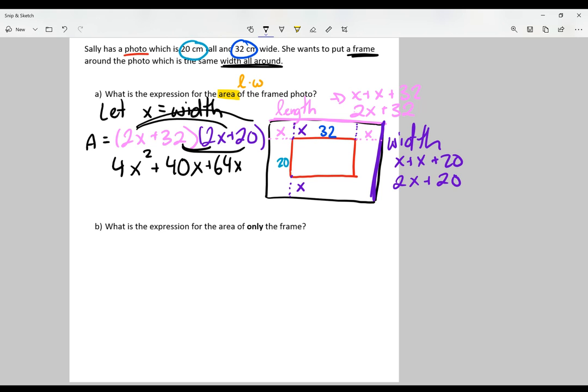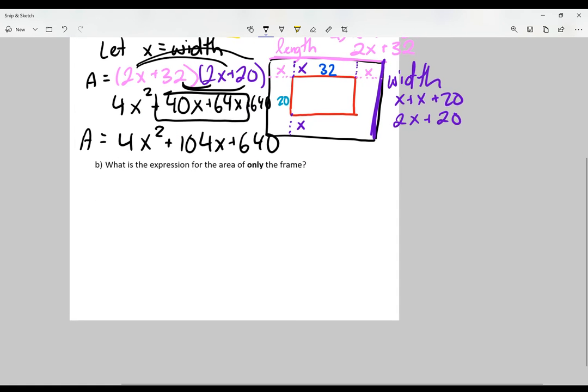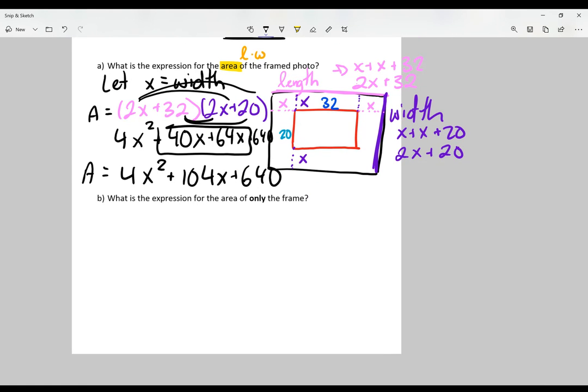And 32 times 20, we get 640. Combine these like terms, and you got area equals 4x squared plus 104x plus 640. Okay, that is the area, including the frame.